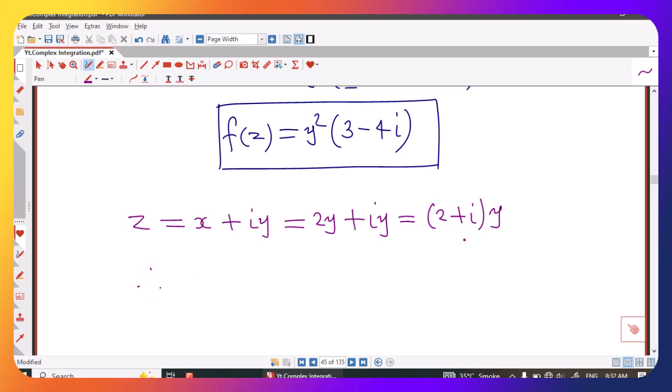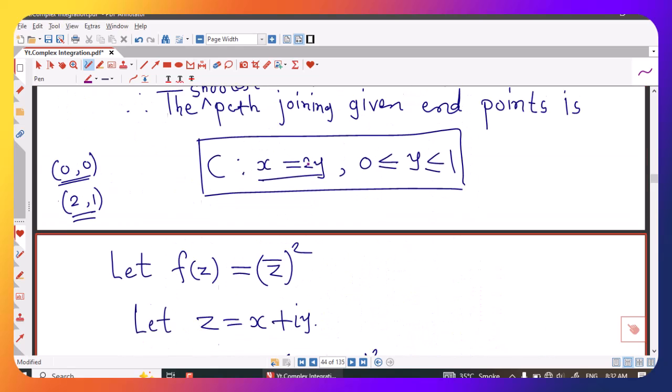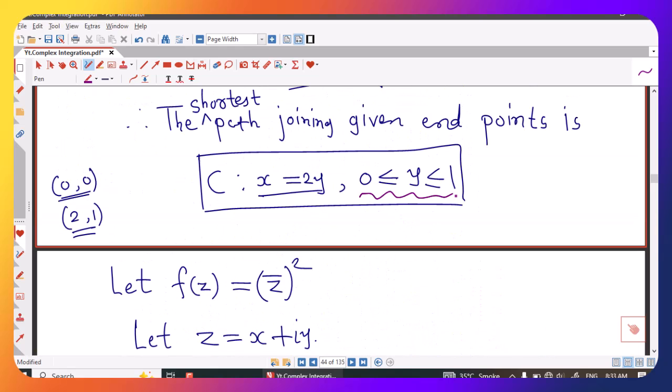So z is converted in terms of y, therefore I can take the derivative of z with respect to y, that is 2 plus i, and therefore I can write dz as 2 plus i times dy. So dz is converted in terms of y, f of z is also converted in terms of y, and y varies from 0 to 1.